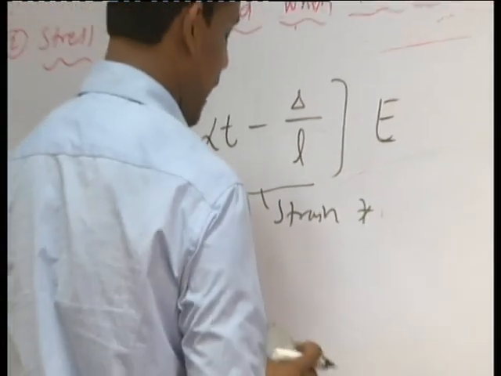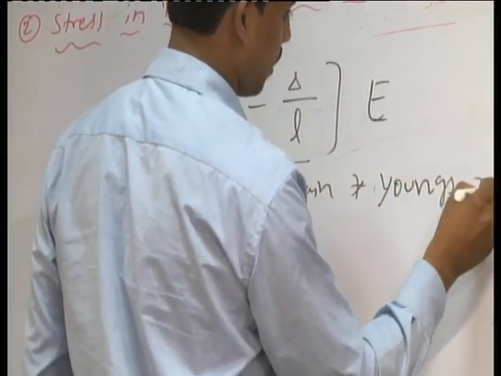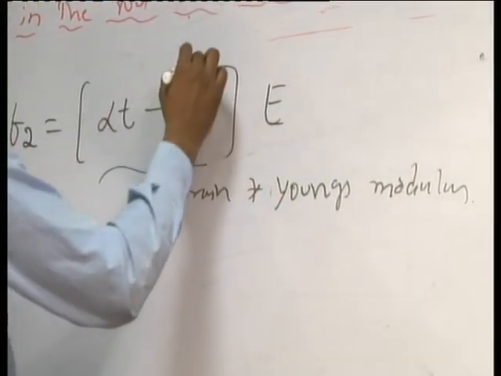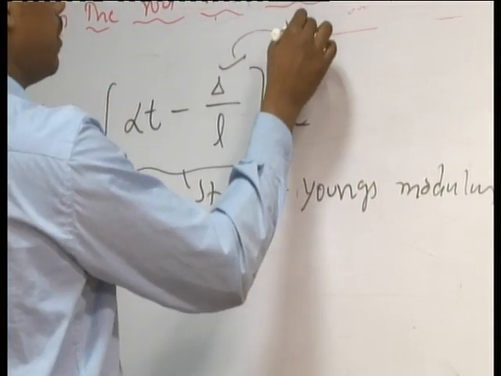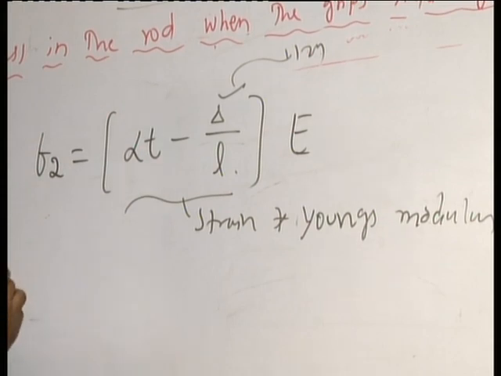Delta is the change in length, that is the grip yield of 1.2 mm, and L is the original length.